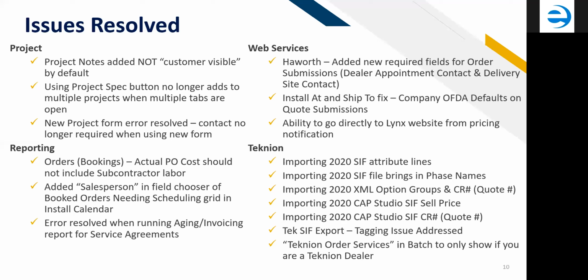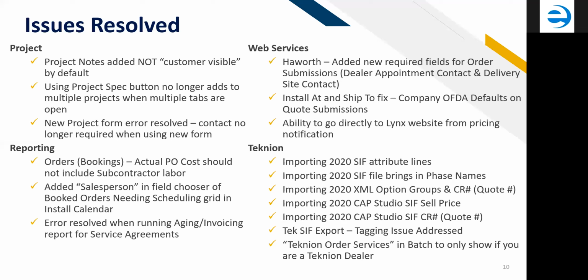We also fixed the install at and ship to issue when using the company OFDA defaults on a company record when submitting a quote. If you had those defaults set, it wasn't reading it correctly. So now the install at and the ship to will automatically be on there when submitting a quote for pricing.